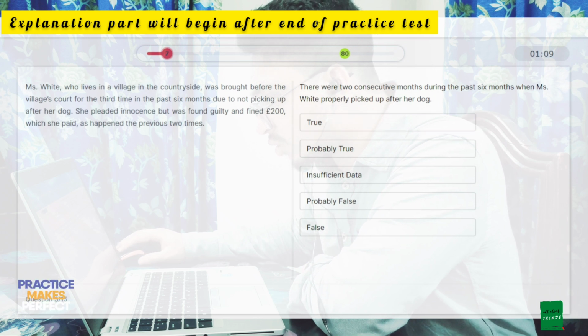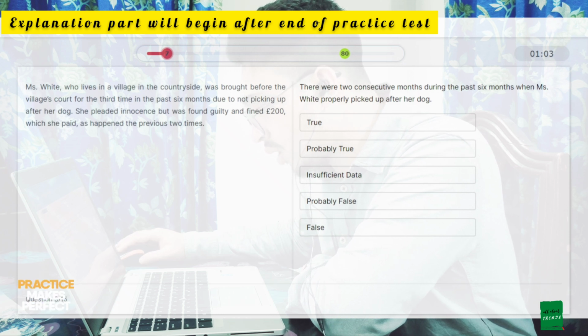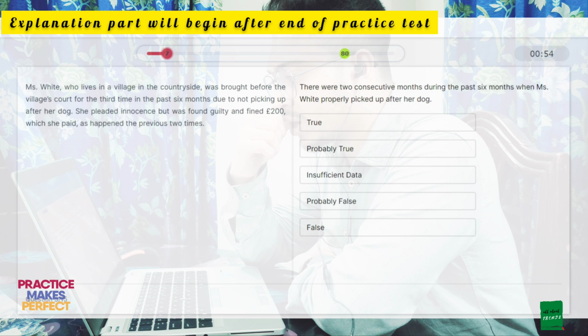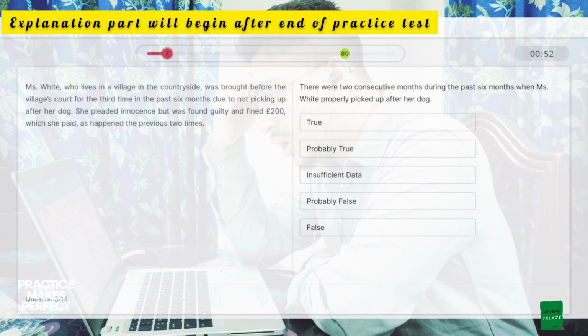It says that there were 2 consecutive months during the past 6 months when Mrs. White properly picked up after her dog. It says that Mr. White, who lives in a village in the countryside, was brought before the village court for the 3rd time in the past 6 months for not picking up after her dog.